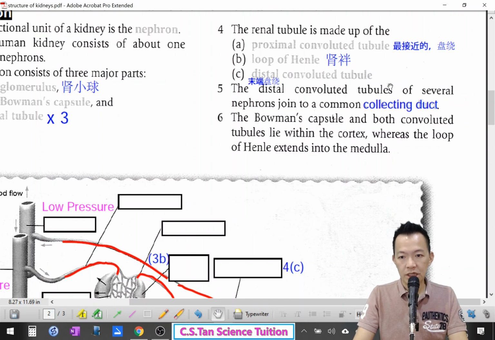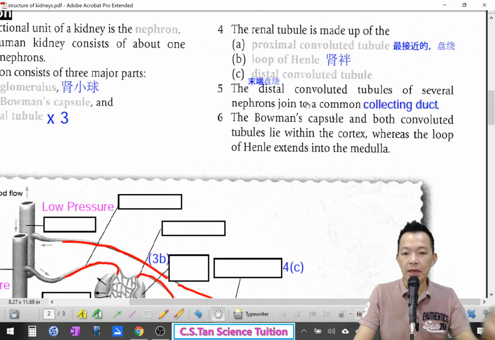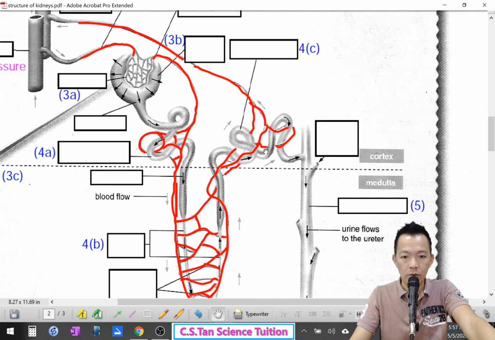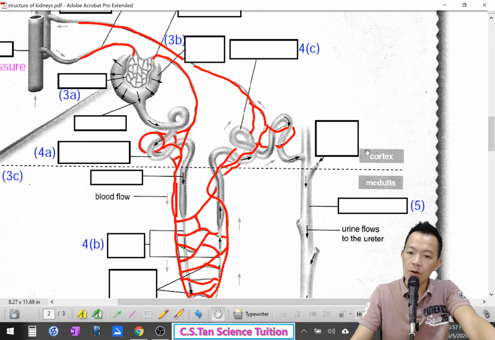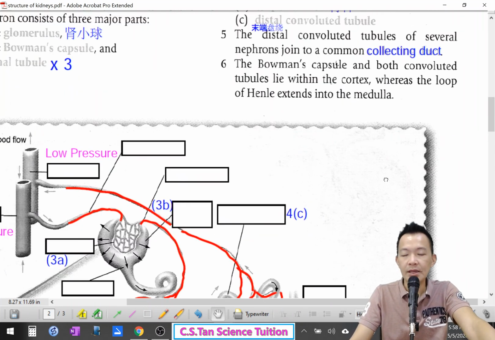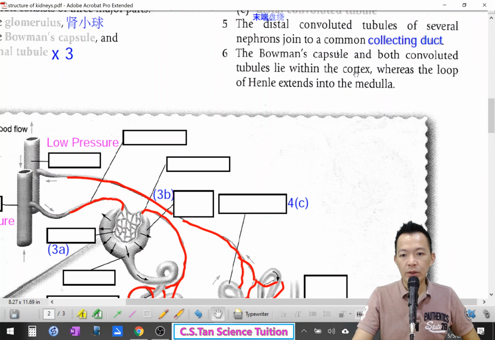So the distal convoluted tubules of several nephrons, 几条 nephron 结合起来, finally form the common collecting duct, 就变成一条收集东西的管道啦. The first distal convoluted tubule, another from another nephron, 第二条第三条第四条, will join together to become the common collecting duct, 收集尿液的管道啦. 不是尿液啦，其实差不多接近尿液. So the Bowman capsule and both convoluted tubules lie within the cortex.